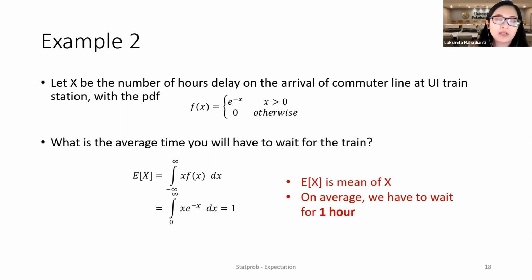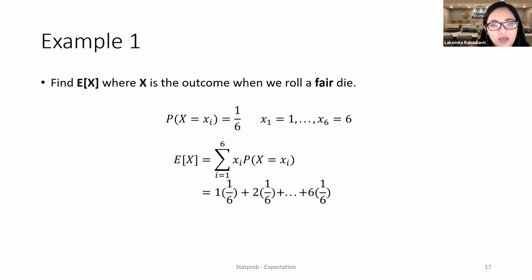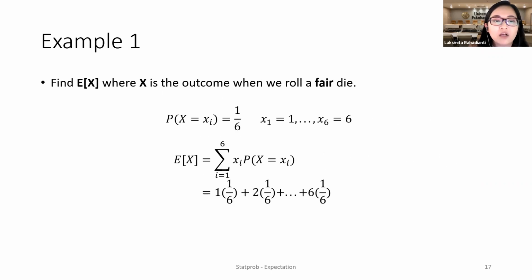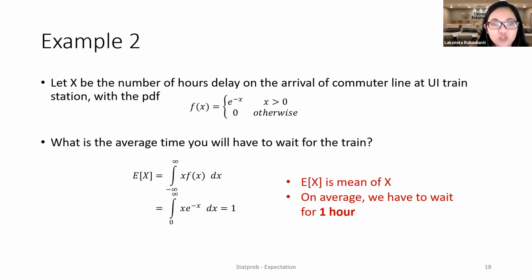The second example is a continuous random variable. So we have the PDF, and we want to compute the average time to wait for the train. So here we need to compute the integral from negative infinity to infinity of x times the function dx, because we're integrating.